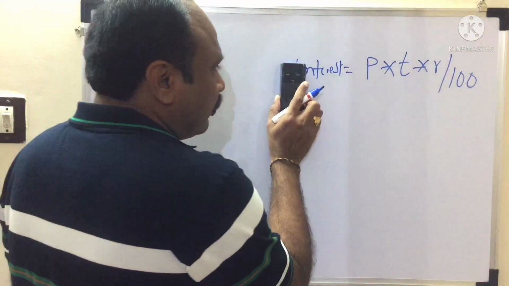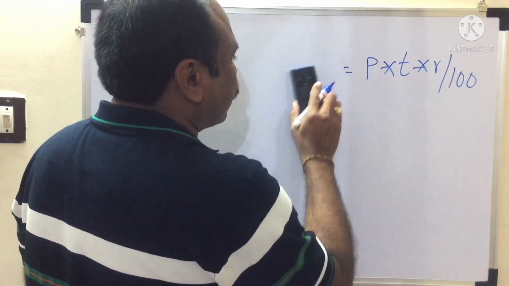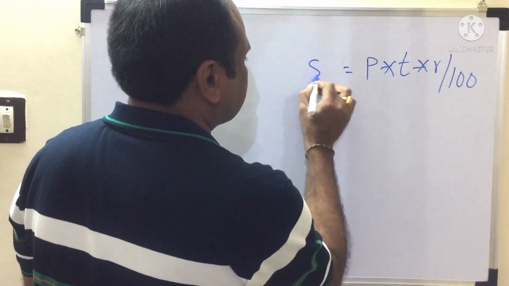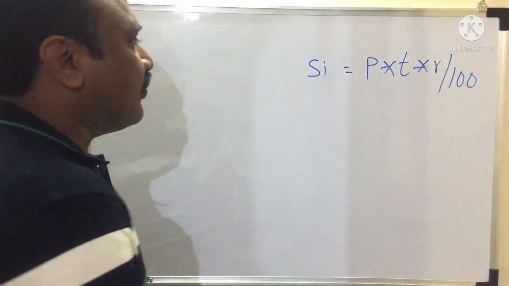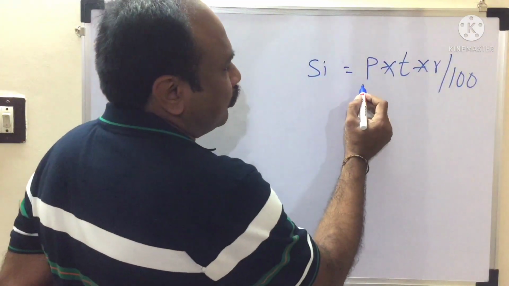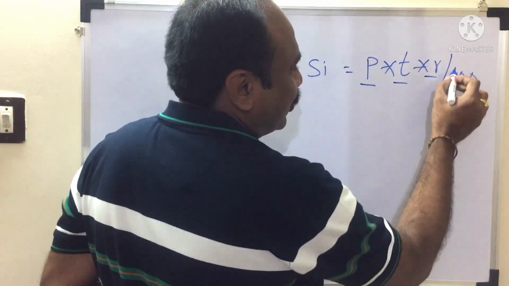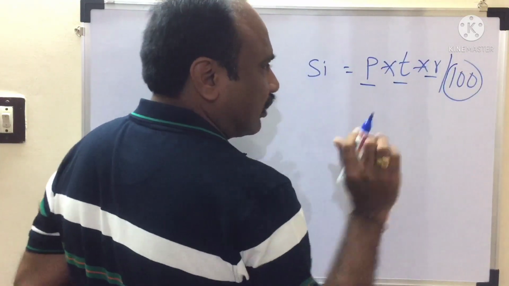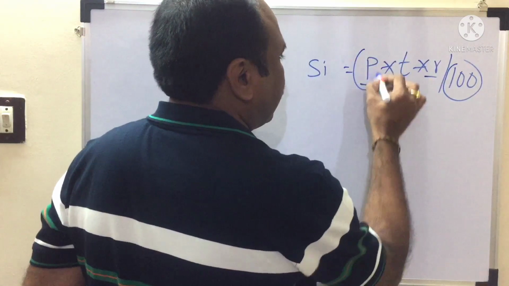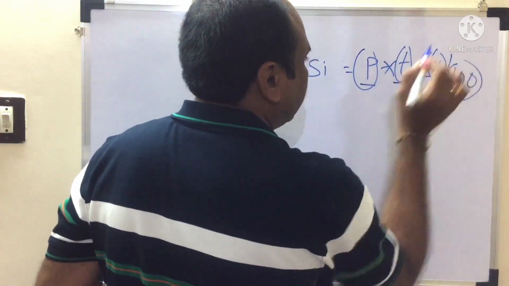Anyhow, we are calculating simple interest, that's why I use the variable name SI. This is a formula. That means we have to provide the P value, T value, R value. No need to provide 100, that is fixed. We have to provide the P, T, R values only.